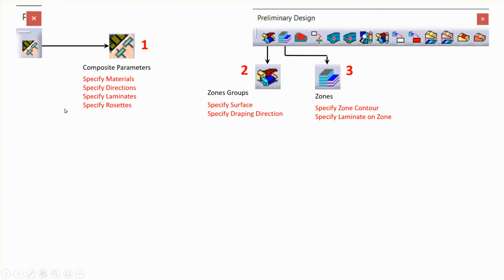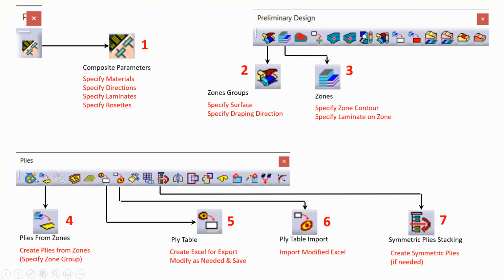For example, I can create a zone, and based on the zone, I can create ply. See, you create a zone group, and then a zone, which is that panel, and then you go to the ply toolbar, and you create the plies based on zone, but that is done in a random way. I mean, CATIA does it. There's no stacking sequence. It just creates all the plies, but the order is not right.